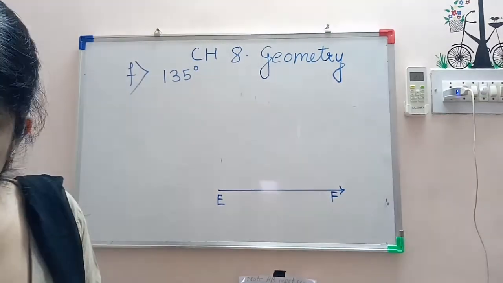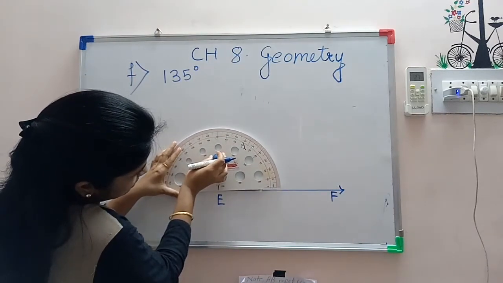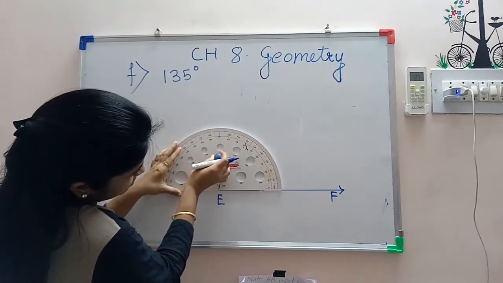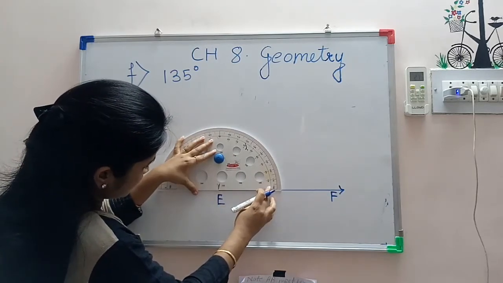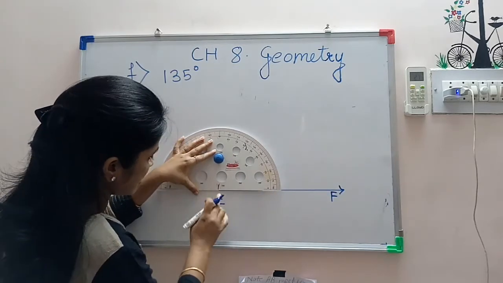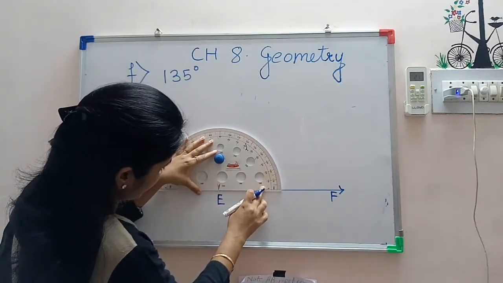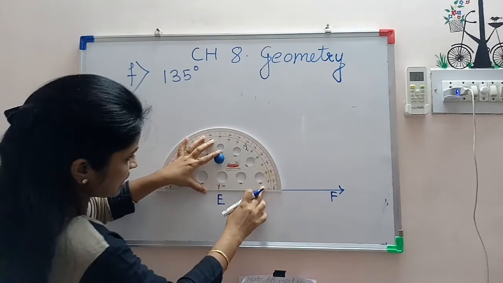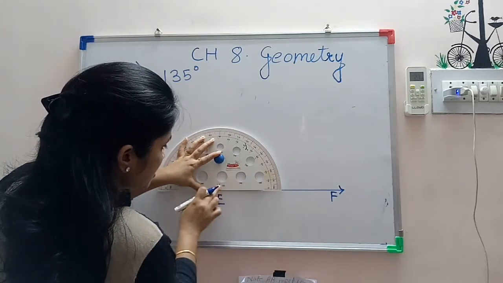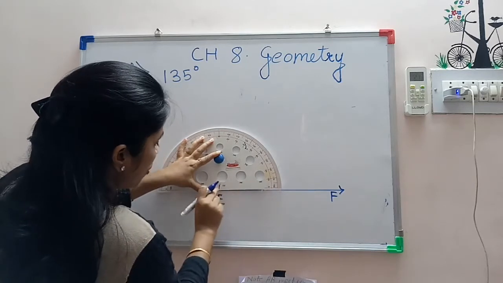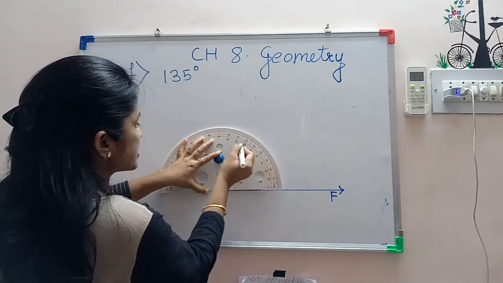Now the next step, we will keep the protractor on the ray and will adjust the baseline and center at the E point, okay students. Now this EF meets the 0 degree point on the baseline along with the inner scale.